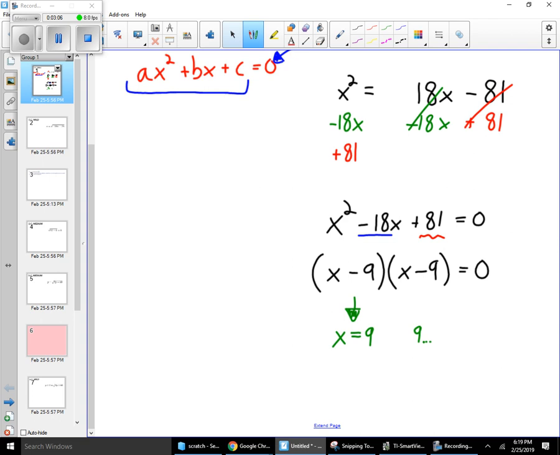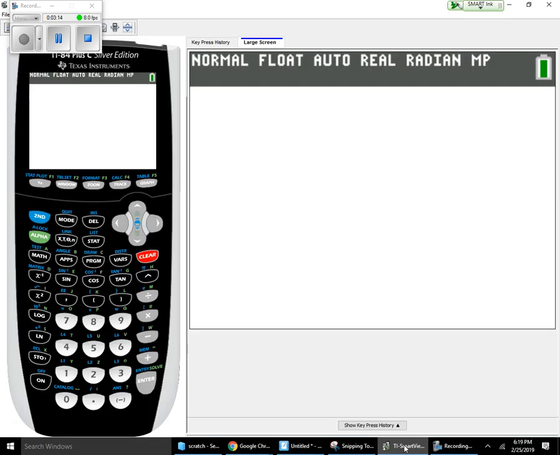So in the previous section, we checked our work by hand. It's important to know that you can also do this using the technology. I'm going to pull up a TI-84 because that's what we're all using. So it's worth it to go back and double check. We're expecting that 9 to be a solution of our equation. So let's check. We had the square root of 18x minus 81.